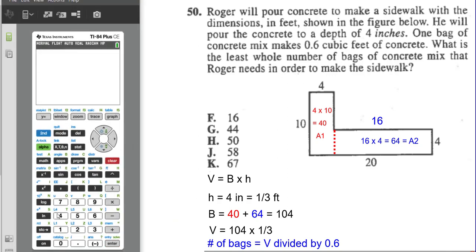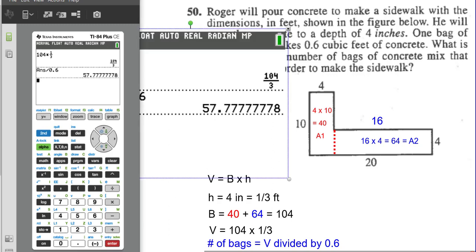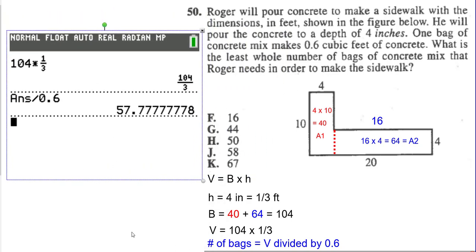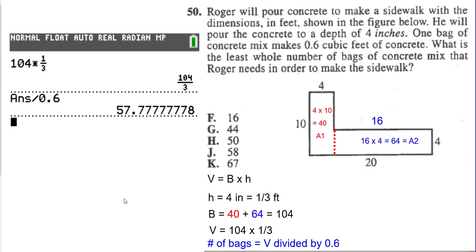So again, we're just going to use 104 times 1/3. And then when I press the division sign, it says take the last answer and divide that by 0.6, because that's the number of cubic feet per bag. And we can't buy 57 bags, we have to buy 58 bags, which is letter J.